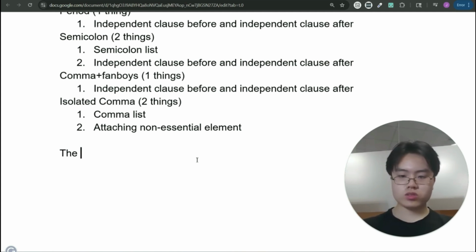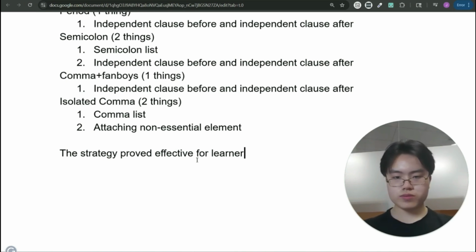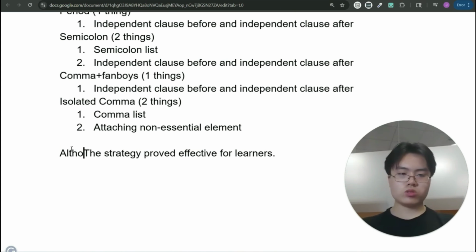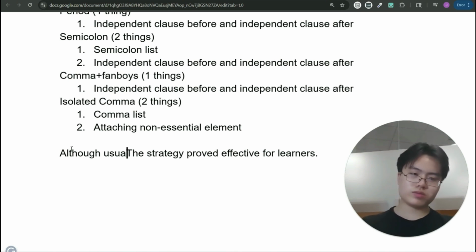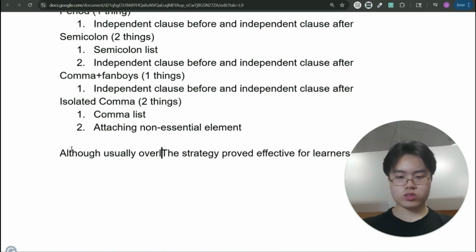Let's say the strategy proved effective for learners. Okay. Let's say this is a sentence. And let's say I want to add a non-essential element. By the way, a non-essential element is just additional information. It's another word for additional information. Let's say I want to add, although usually overlooked by students.